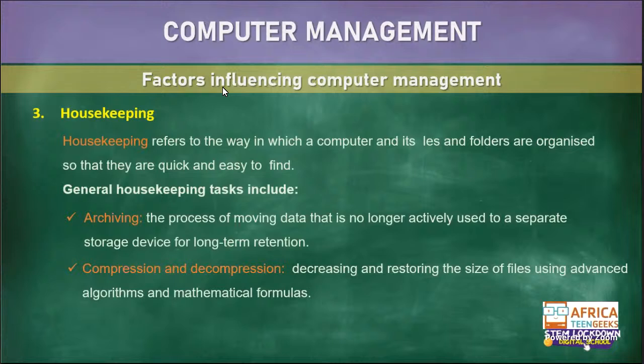So if there is a change of format, for instance from a bitmap image to a JPEG, there is a form of data loss, and the resolution is reduced as well. And the quality of the image also gets worse.